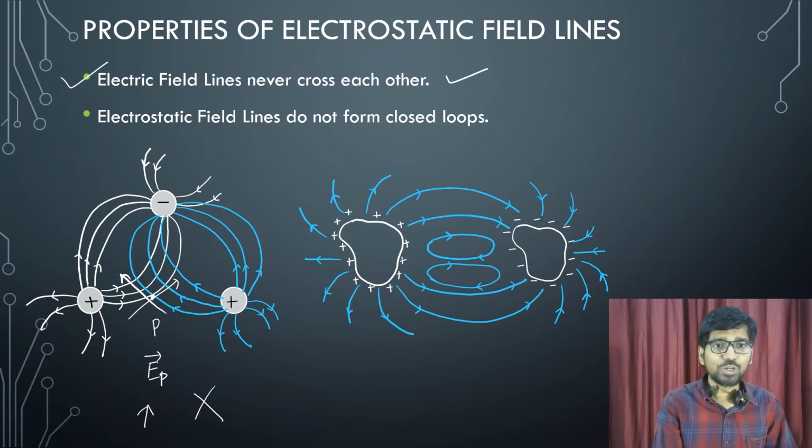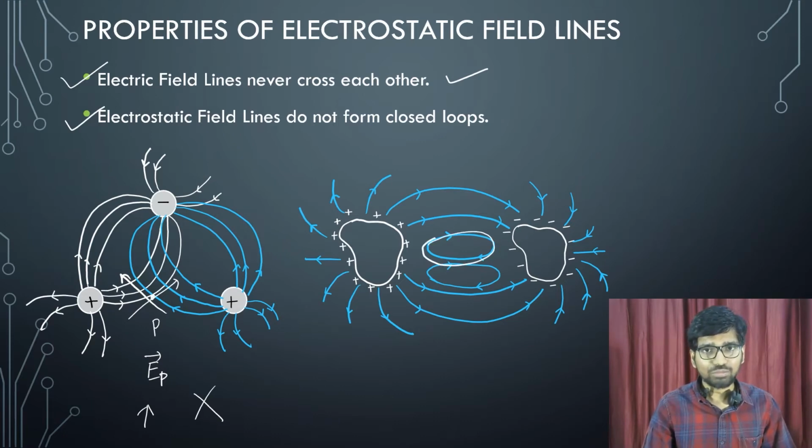And the last property says that electrostatic field lines do not form closed loops. That is, electric field lines due to charges at rest will never form closed loops. Why so? Because if they did, then electrostatic fields would not be considered conservative fields and we would not be able to define electrostatic potential.